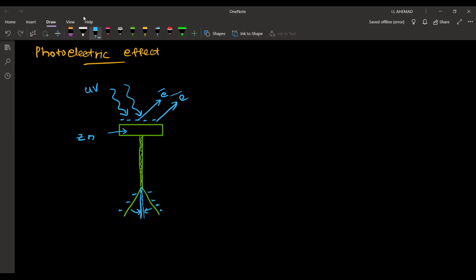This phenomenon we call the photoelectric effect, and this is a simple proof for it. Okay, let's watch a video. We'll understand.